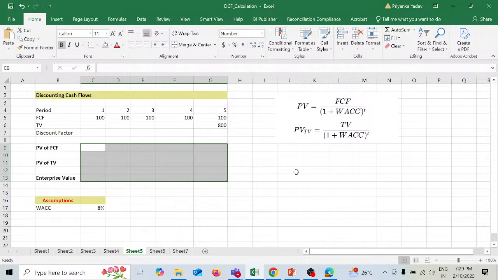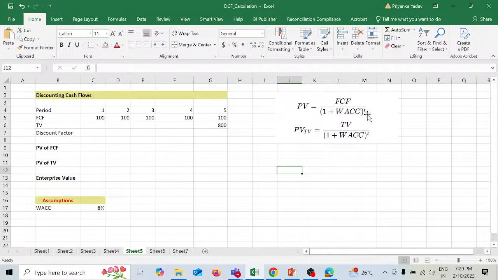For the formula of present value, when you're calculating the present value of FCF, it is divided by 1 plus WACC raised to the power T, where T means the time period. So for whichever year you want, you can raise to that power. Similarly, for the present value of your terminal value, the terminal value would be divided by 1 plus WACC raised to the power T.